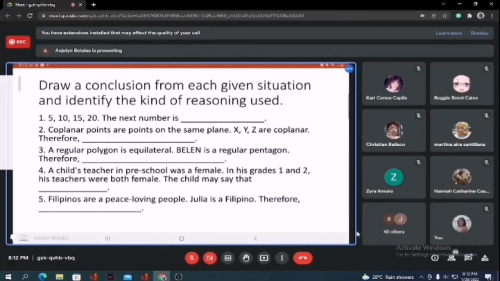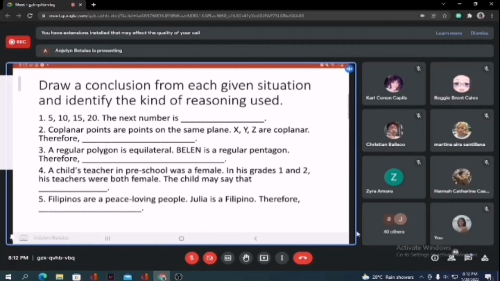Did you get it? In deductive reasoning, you have facts or definitions, then examples. In inductive reasoning, you have many examples, and out of that you conclude or make a conjecture.